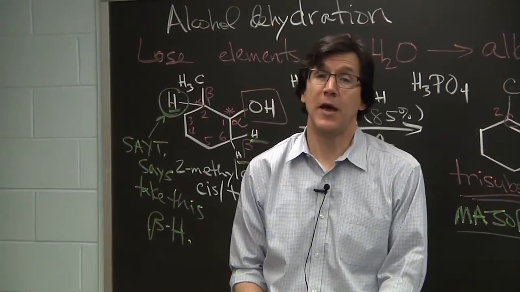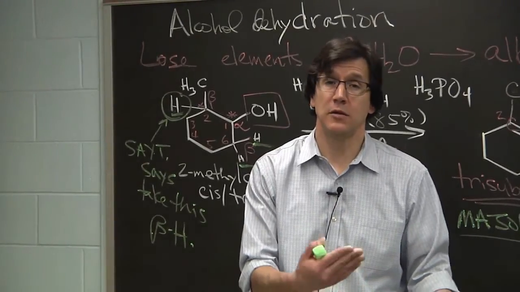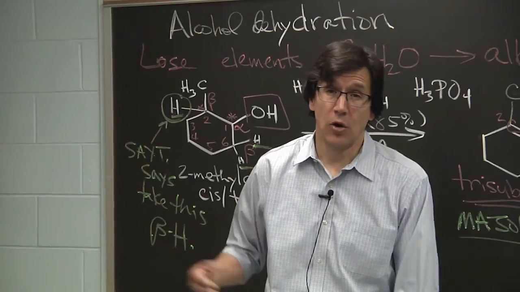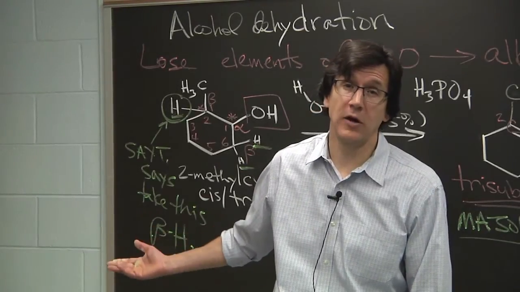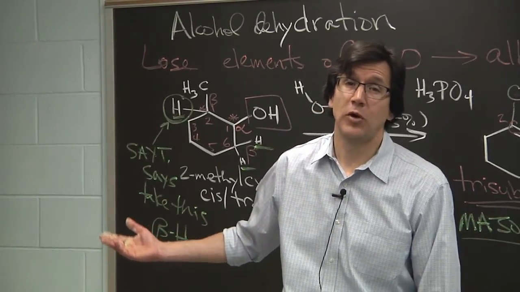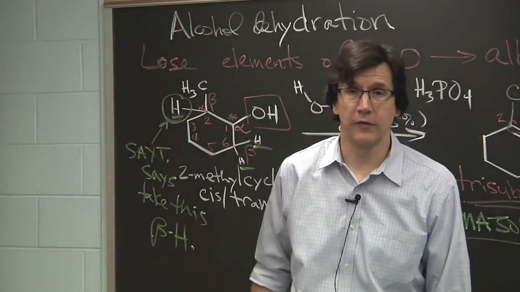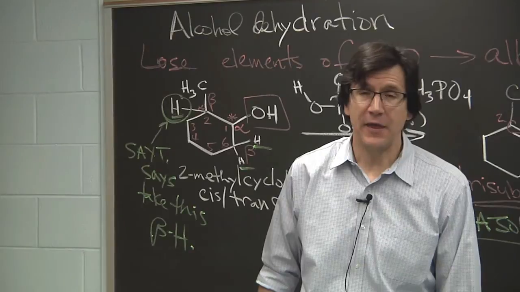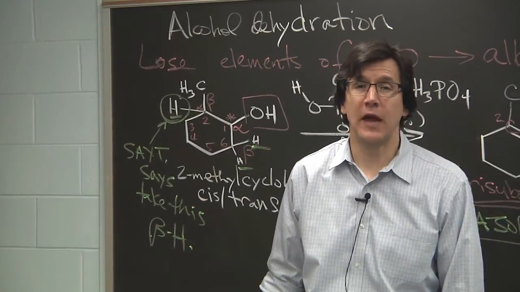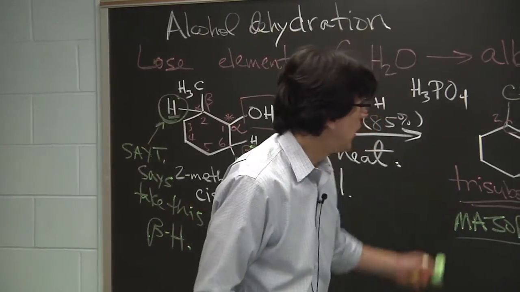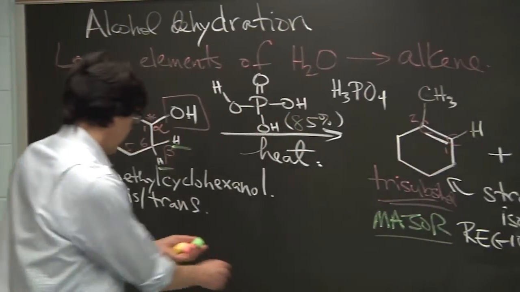So there are 2 equivalent ways of stating the Zaytsev rule. You can either think about it in terms of the product that you make: you predominantly make the more highly substituted alkene product. Or you can think about it in terms of the starting compound: take the proton from the beta carbon that has the fewer protons to begin with. And then finally, I would like you to write a mechanism for formation of these 2 products.